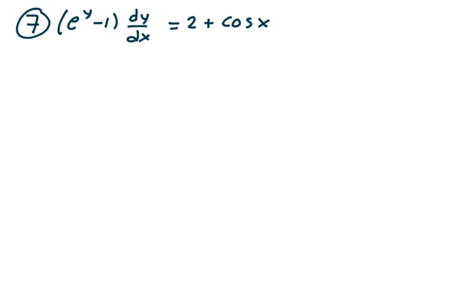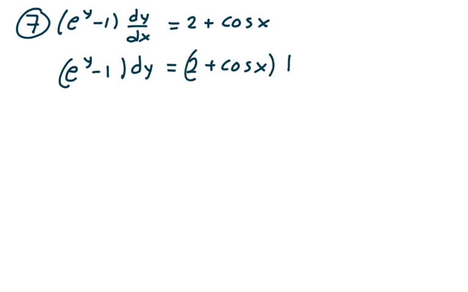And so what I want to do is move that dx over to the right-hand side, and rewrite this as e to the y minus 1 dy is the same as 2 plus cosine x dx.